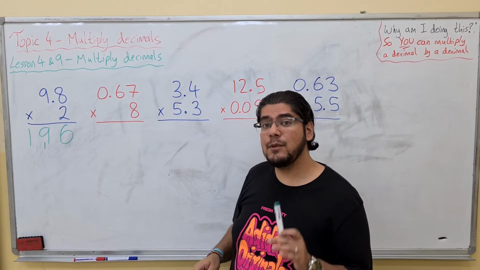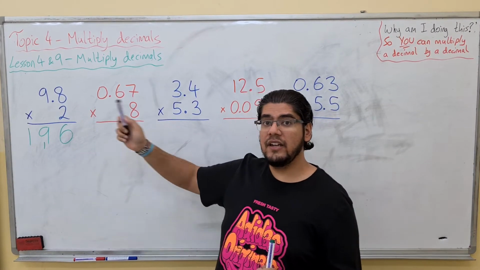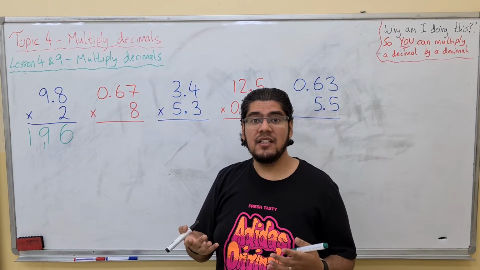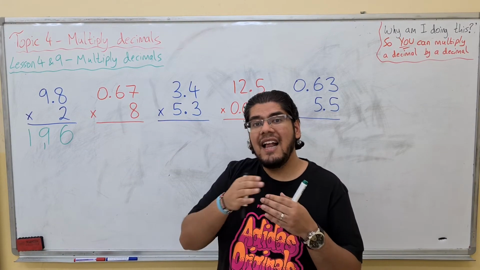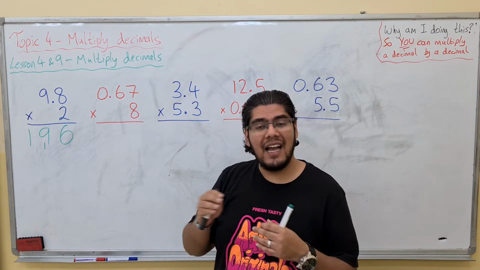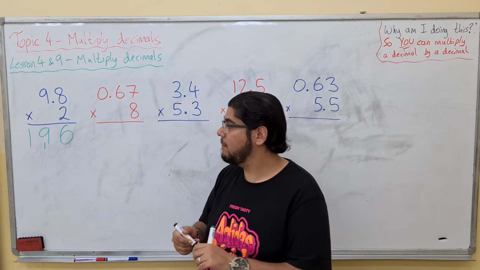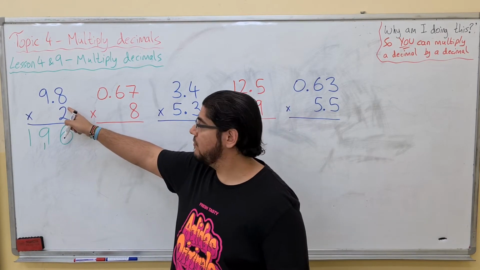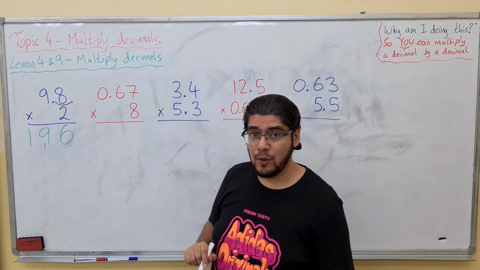How many decimal places do we have in the question? Now, what is a decimal place? A decimal place is your tenths, hundredths, thousandths, anything after the decimal point. That is your decimal place. So we can see that we have one decimal place in the question.